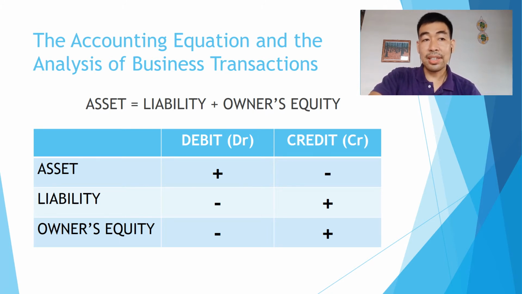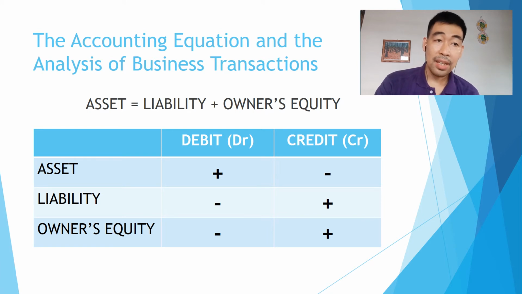It guides us that assets have a debit and credit side. If there's an increase in assets, you list the account on the debit side, while if there is a decrease, we list that on the credit side.